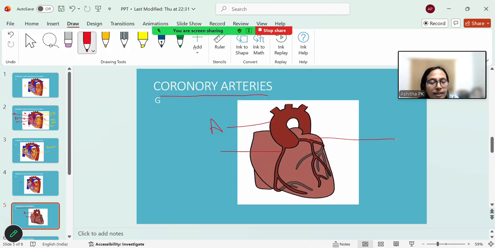This one is the left coronary artery, and this one is the right coronary artery.